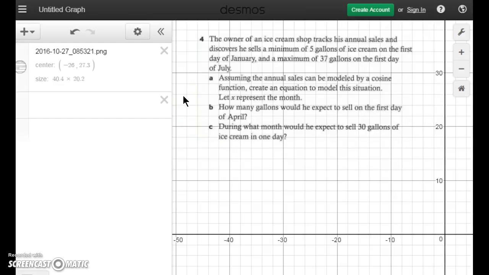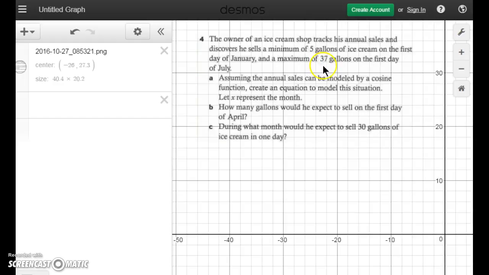Alright, welcome back. Now, basically what we have here is an ice cream shop, and the owner realized that he sells a minimum of 5 gallons of ice cream on the first day of January, and a maximum of 37 on the first day of July.